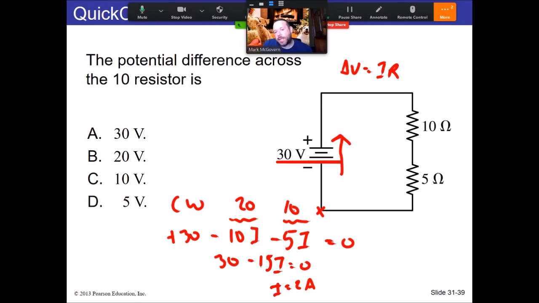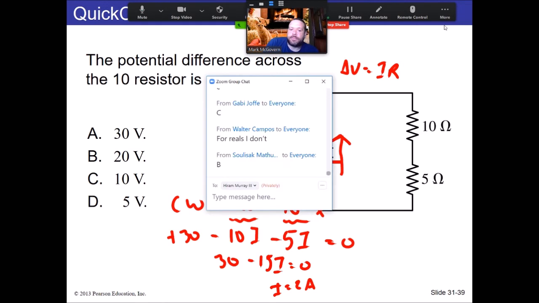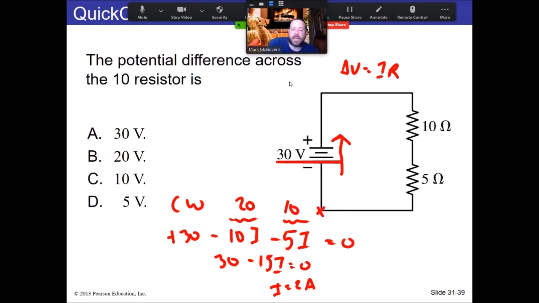And loop law is obeyed now because the battery caused it to increase by 30. The 10 ohm resistor makes it drop by 20 and the 5 makes it drop by 10. And so we go around the loop and everything adds up to 0. And we got it. Okay, so the answer is B.